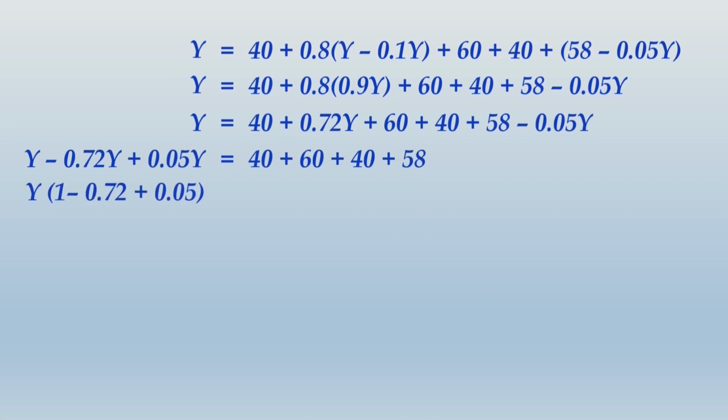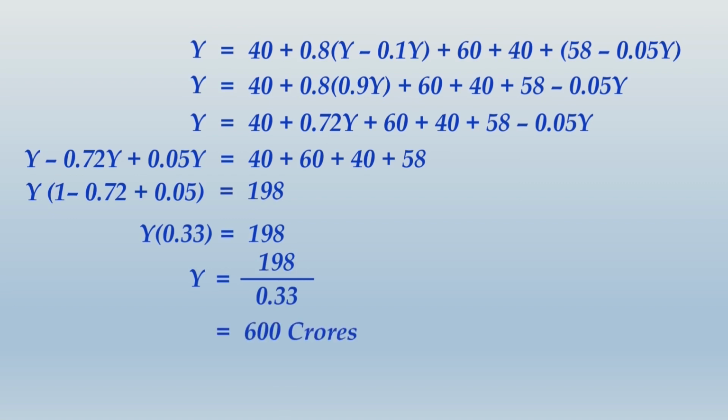When you solve this, you get Y into 1 minus 0.72 plus 0.05 equals to 198. So Y into 0.33 equals to 198. Y will be 198 divided by 0.33, and that gives you rupees 600 crores as your final answer.